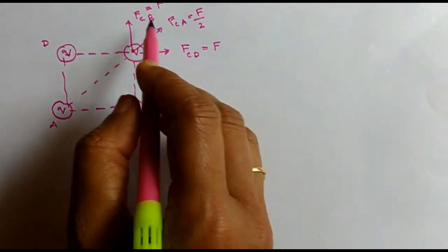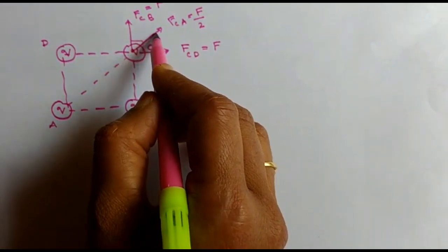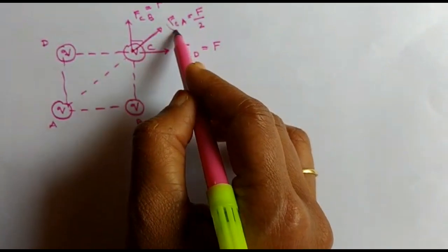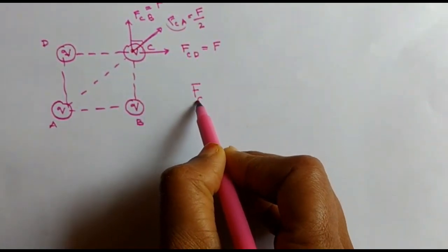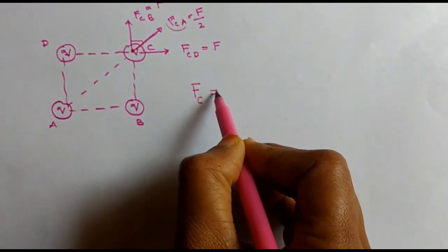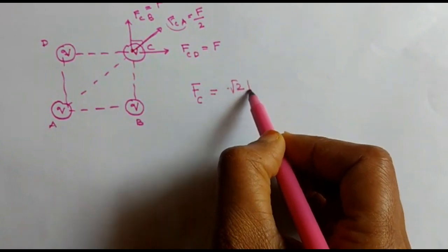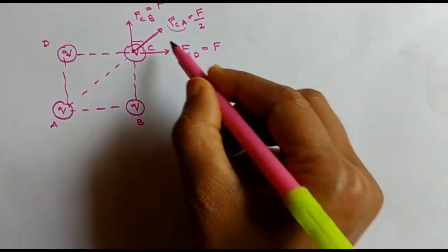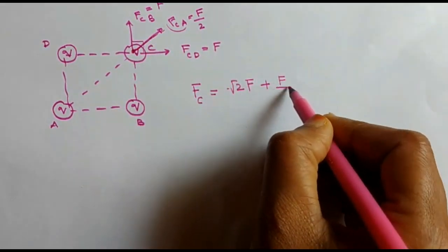Now we know if 2 forces are perpendicular to each other, the resultant would be root 2 F, which acts along the diagonal. And already FCA is acting along the diagonal. So the net force on C magnitude can be simply written as the resultant of these two, that is root 2 F, which is acting along the diagonal, plus we already have a force acting along the diagonal, which is F by 2.